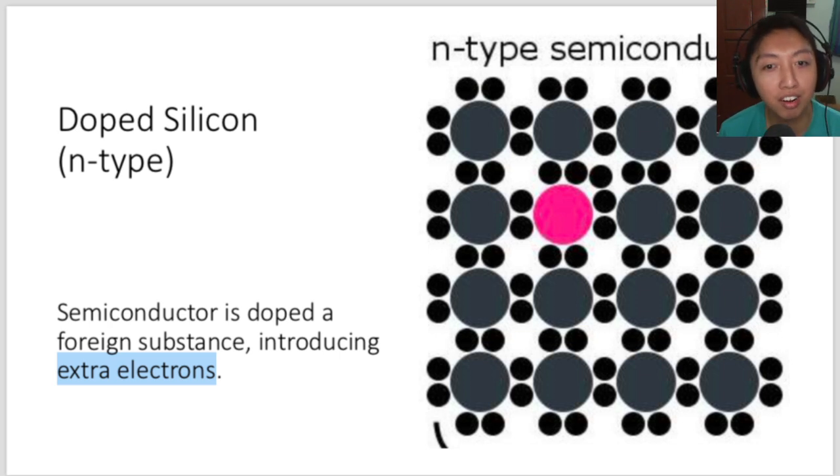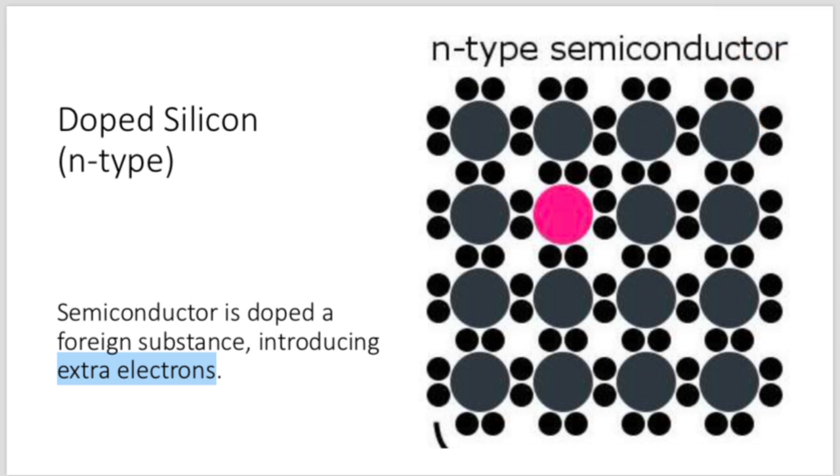They're going to try and get rid of it. So in an N-type semiconductor, just remember that they have extra electrons. All right. Now, remember that an electron has a negative charge. That's why we say N-type, because the extra electrons create an extra or surplus negative charge.